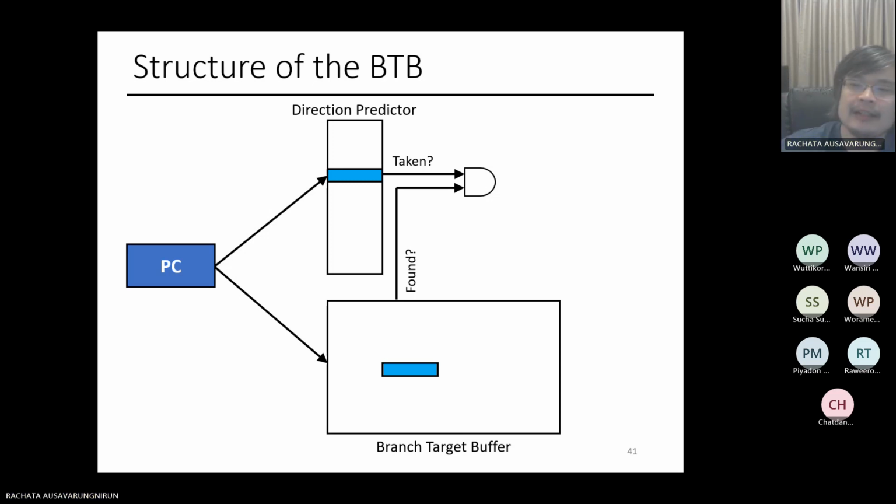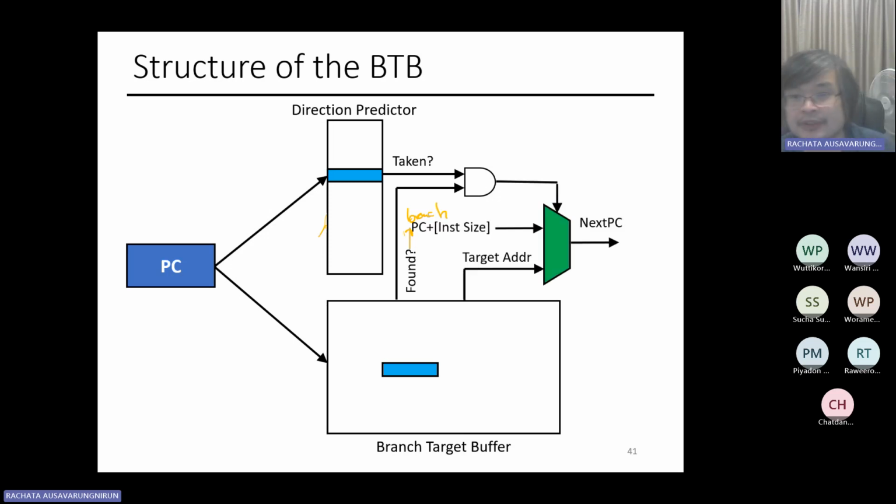All right. So let's say it's a branch. If you found your key, it means it's a branch. The next thing you have to predict is, okay, it's a branch, like an if else. Do I take the branch or do I go to the next line? The direction predictor will also predict whether I go to the next line, which is PC plus 4, basically PC plus the instruction size.